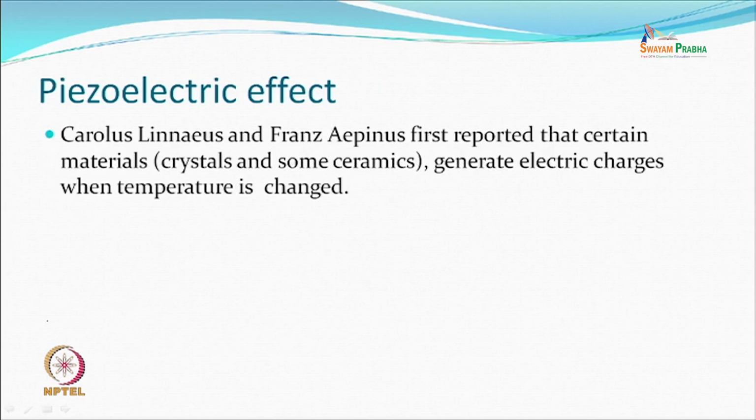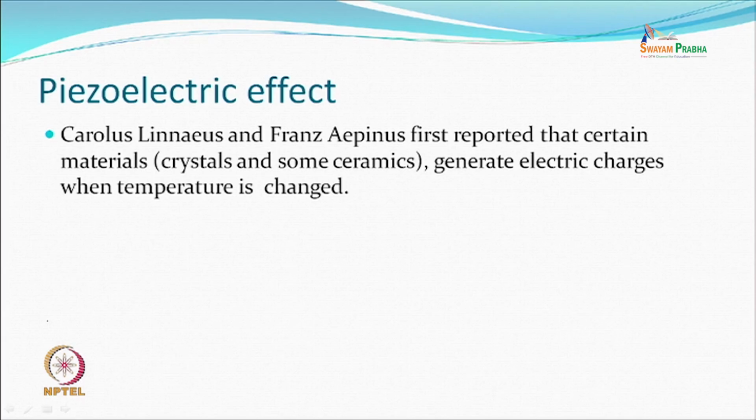So, historically, we have to understand that somebody in the early days noticed that some materials, some crystals, some ceramic materials generate electric charges when temperature is changed. So, the observed change in temperature can generate some charge in some of the materials, which was interesting enough.